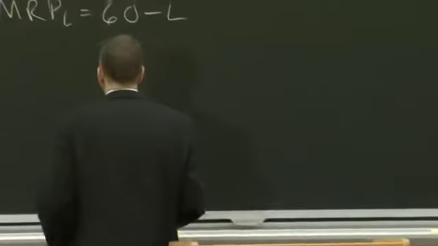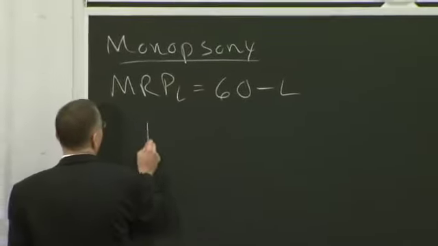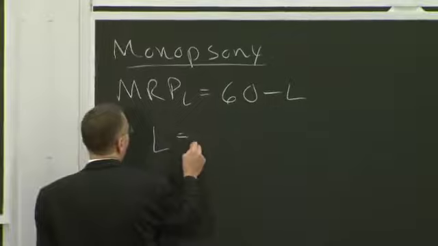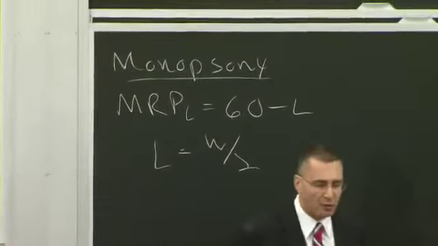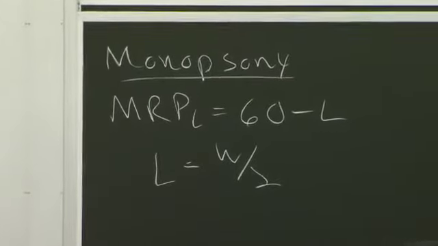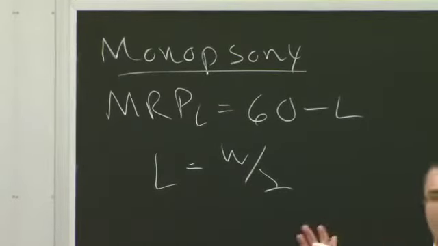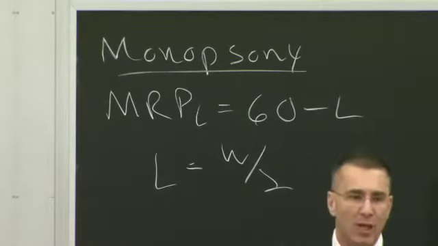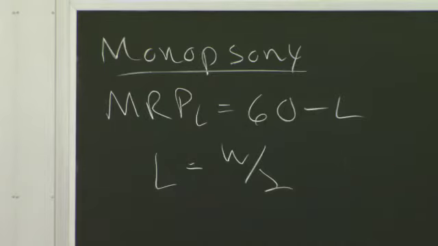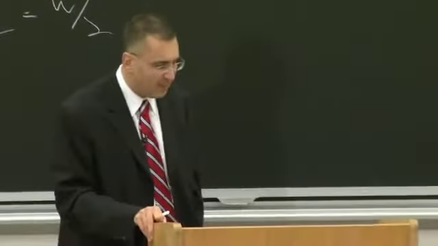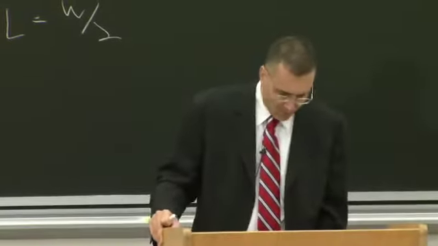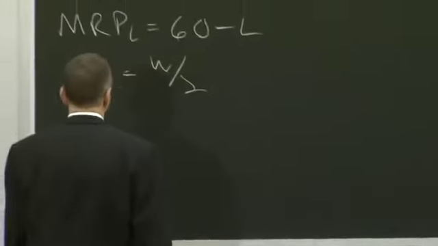And let's say that our labor supply curve is that the amount of labor workers are willing to supply is the wage over 2. I'm just making this up. These are just made up numbers to make the math work. Okay, so it's just an upward sloping labor supply curve. A higher wage calls forth more labor. Okay, so let's ask what happens in the competitive case. Well, in the competitive case, you set supply equal to demand.